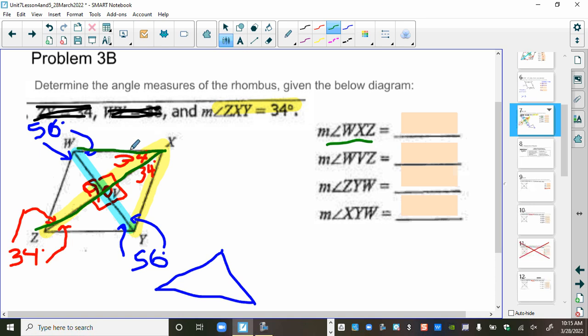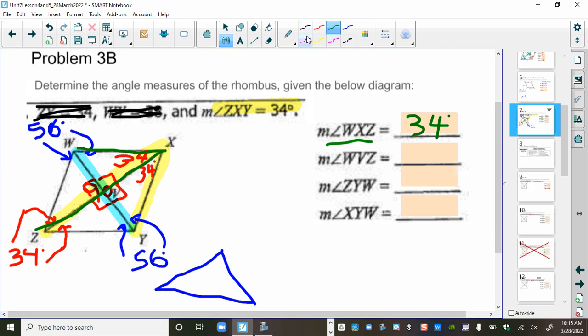What number is between those two green lines? 34. W, X, Z. That's why I'm saying colored pencils might be a good idea.